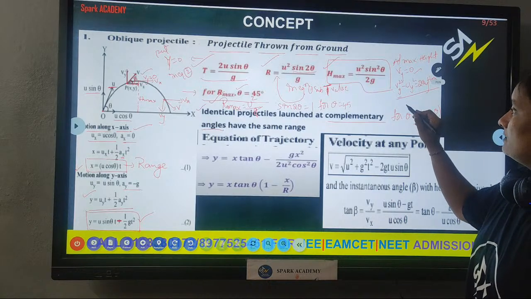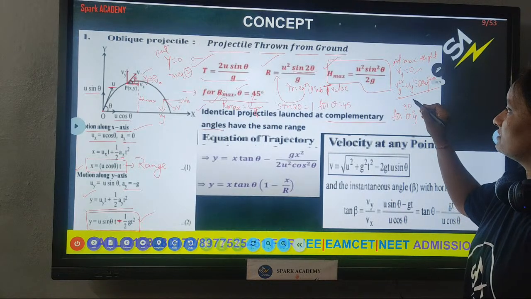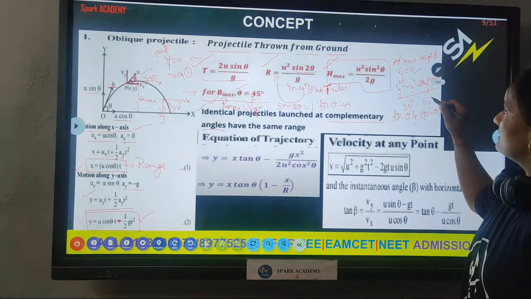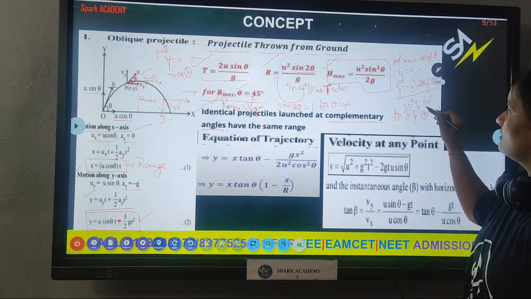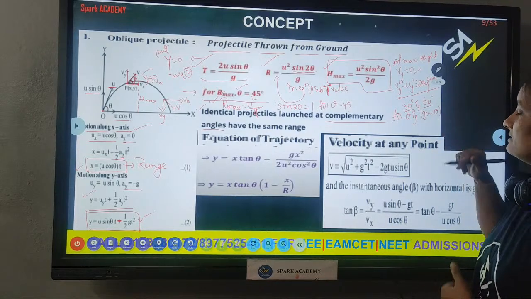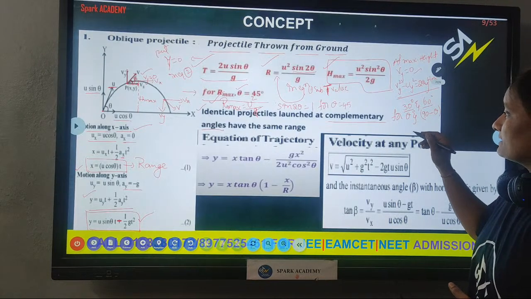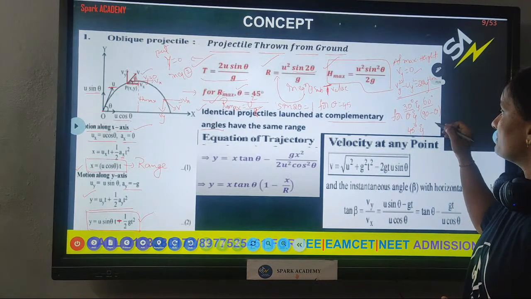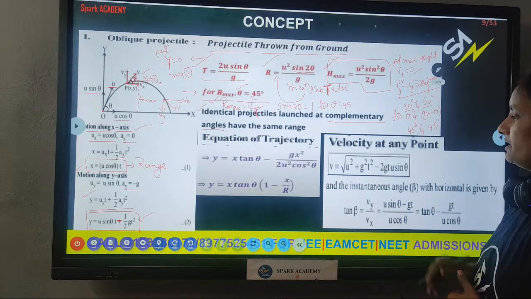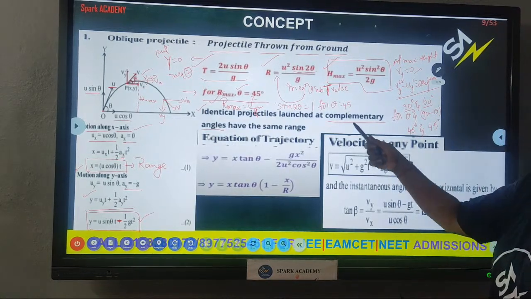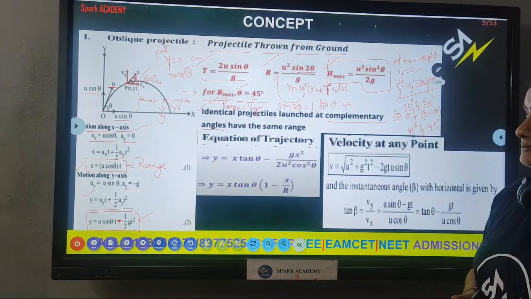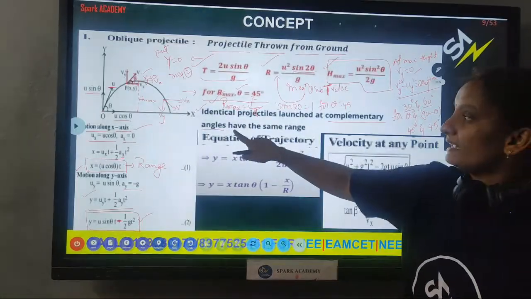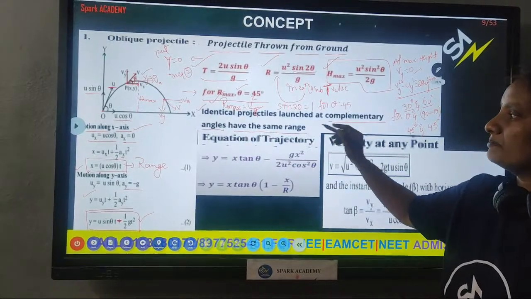For example, initial angles of projection 30 degrees and 60 degrees, and next, for example, 45 and 90 minus 45 is 45. Like these complementary angles of projection, identical projectiles are launched and they have the same range.